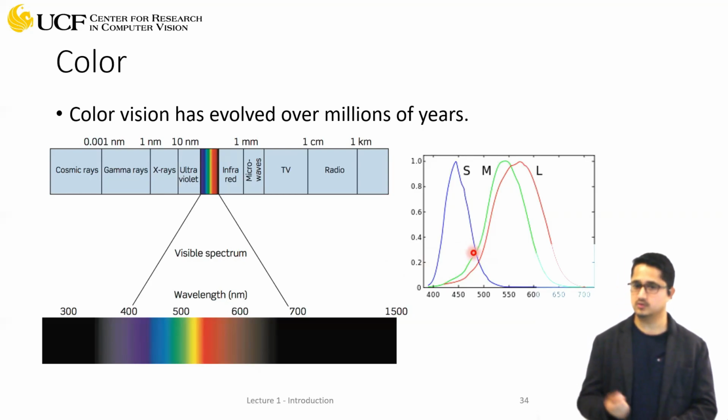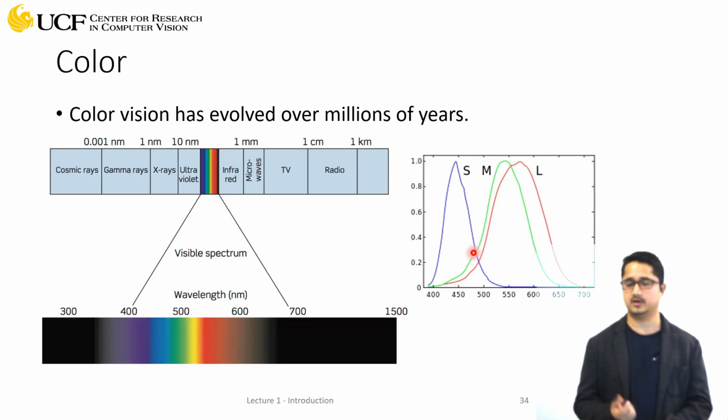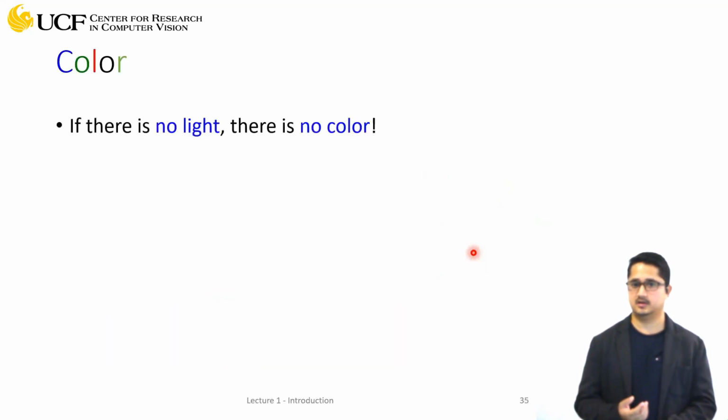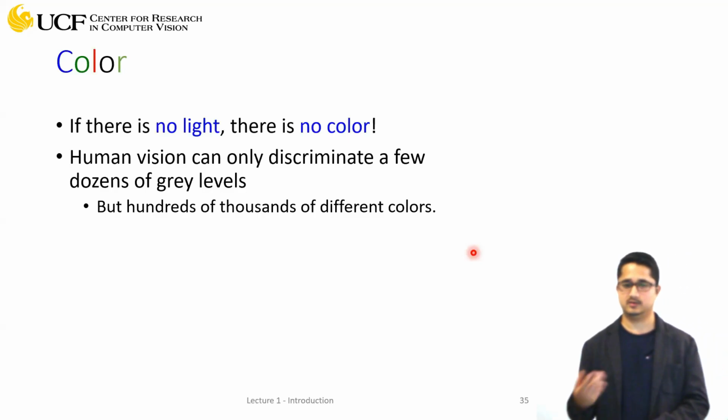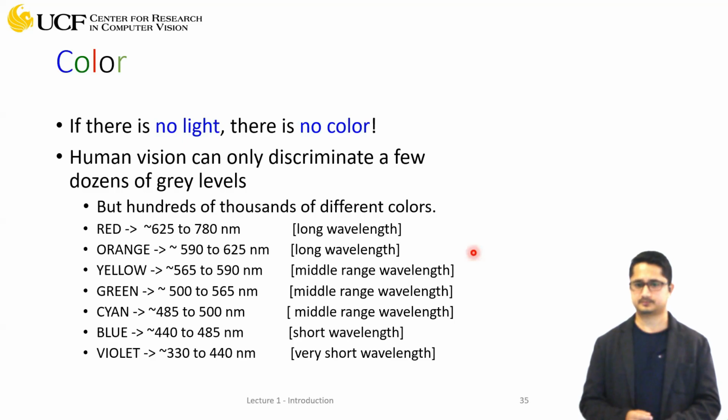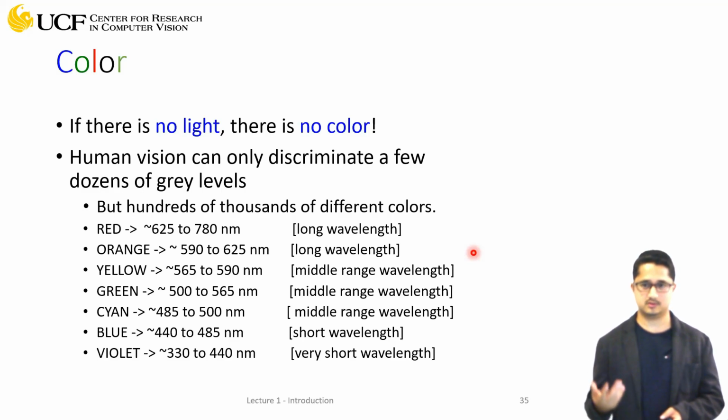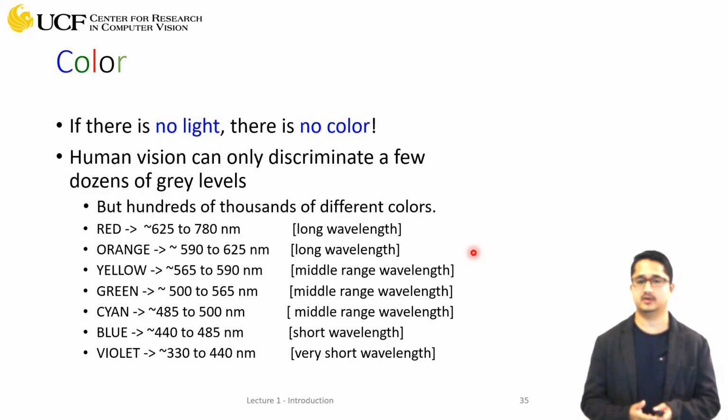There are cones inside our fovea which are responsible for this. And of course, if there's no light, there won't be any color, so light is making all this possible. Regarding grayscale, we can only discriminate between a bunch of grayscale values, but when it comes to colors, we can discriminate between thousands of different colors.